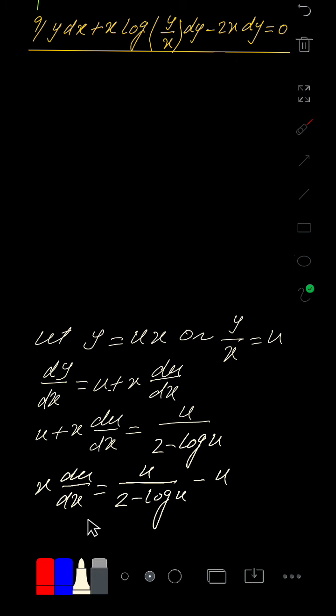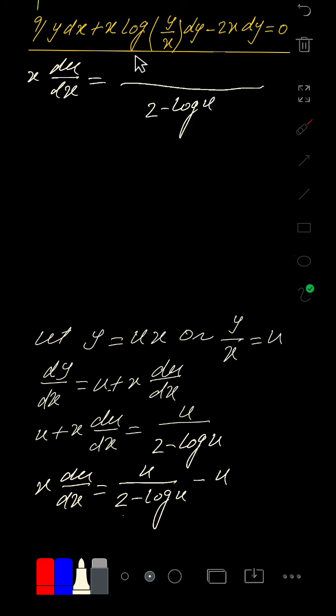Now proceeding from this step, x du upon dx on the left hand side and on the right hand side, taking 2 minus log u as LCM, we have 2 minus log u in the denominator, and in the numerator we have u minus u into 2 minus log u.